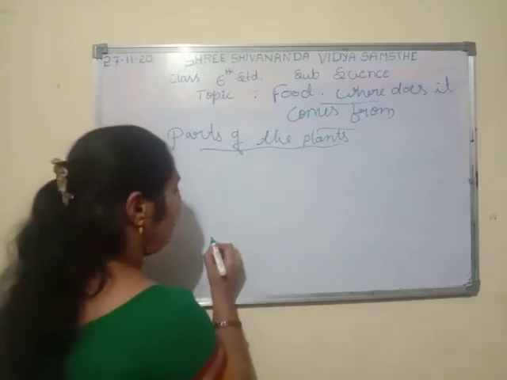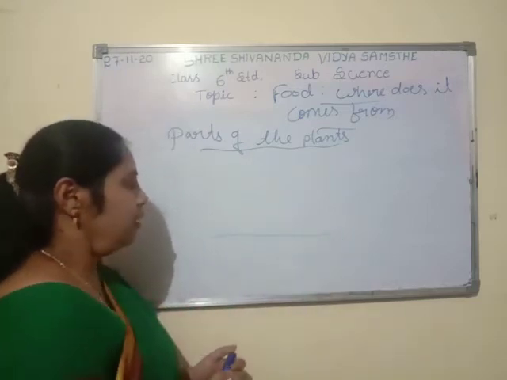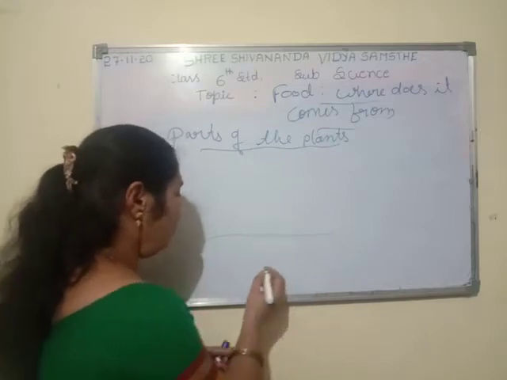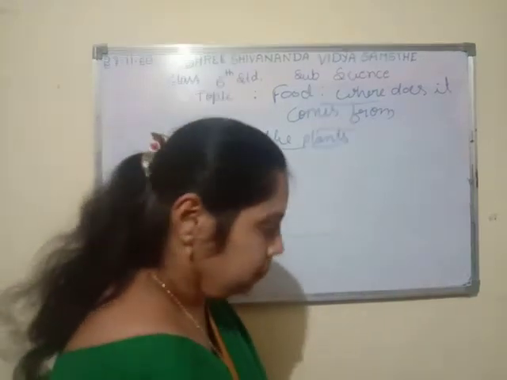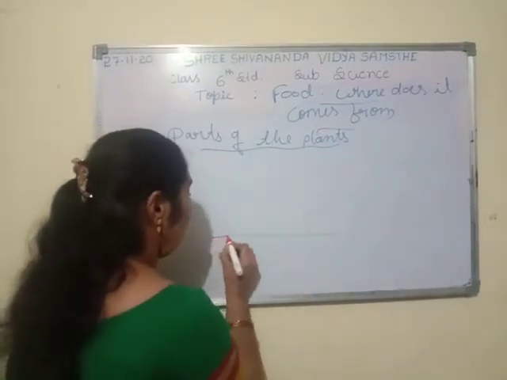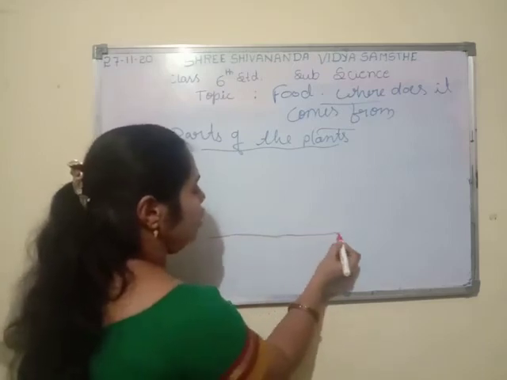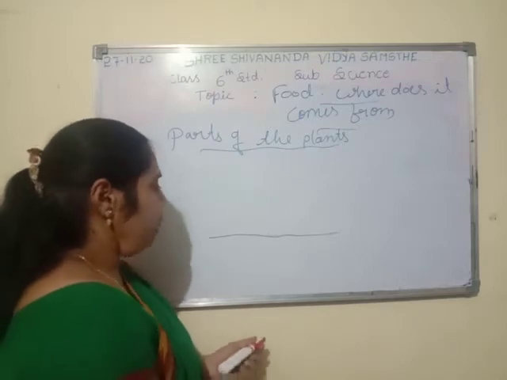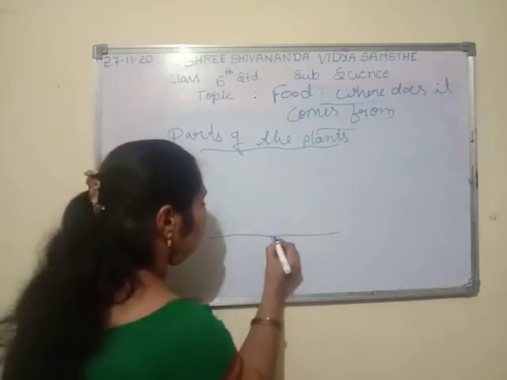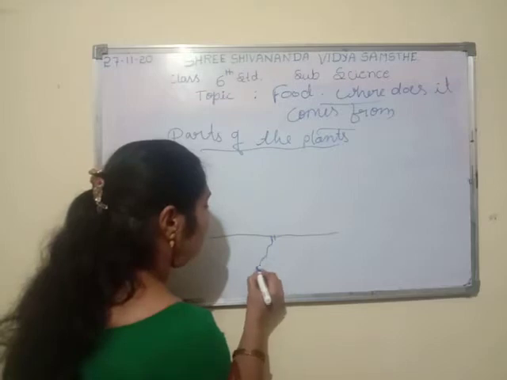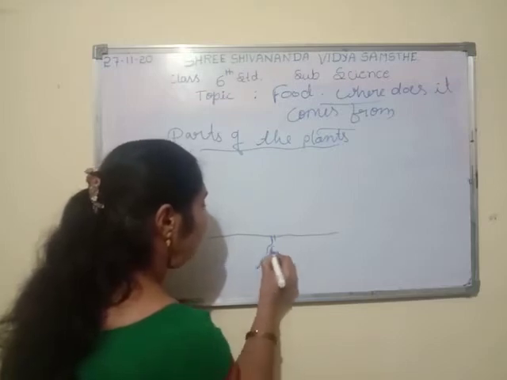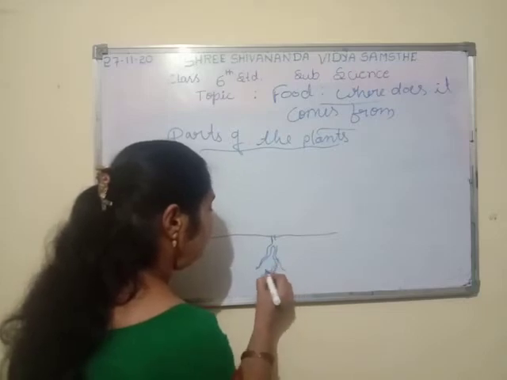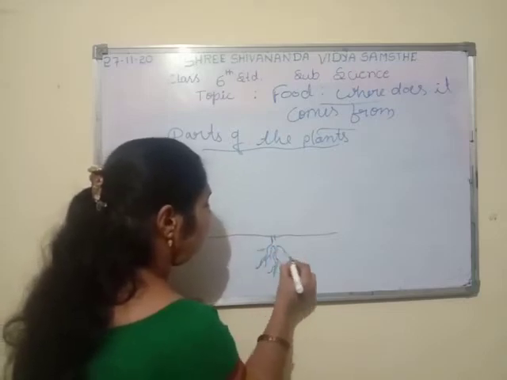Here I am going to draw a picture. You can also draw with me. So this is the ground level. I am going to draw the structure of a plant now. This is the root.